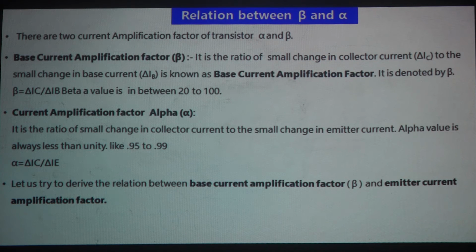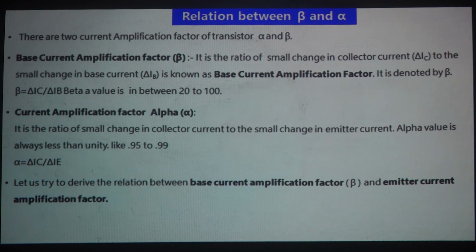Now the base current amplification factor beta. Very simple definition we have. It is the ratio of the small change in the collector current, delta IC, to the small change in the base current, delta IB, and it is denoted by beta.